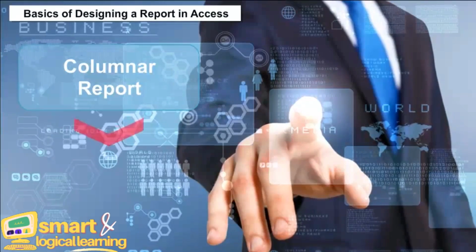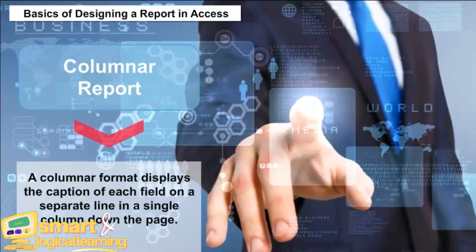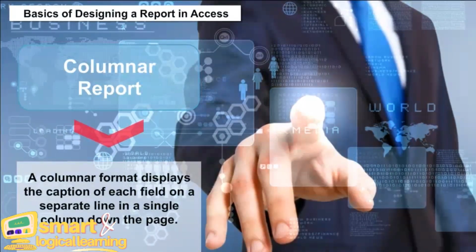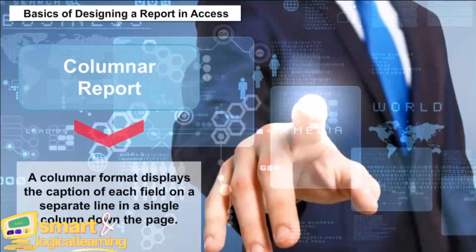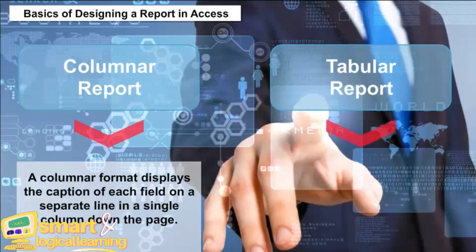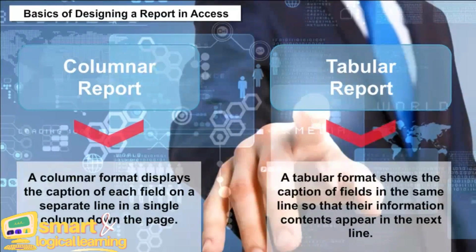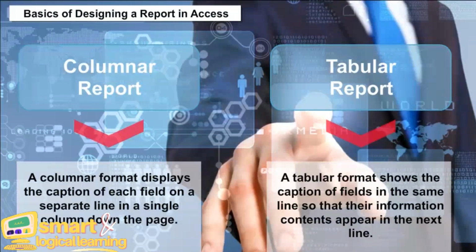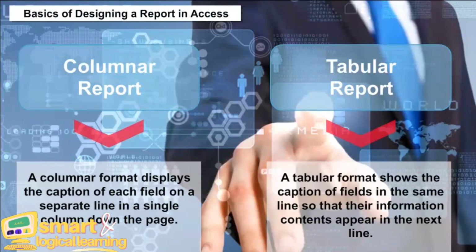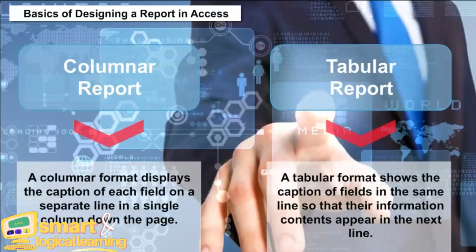Columnar report. A columnar format displays the caption of each field on a separate line in a single column down the page. Tabular report. A tabular format shows the caption of fields in the same line so that their information contents appear in the next line.